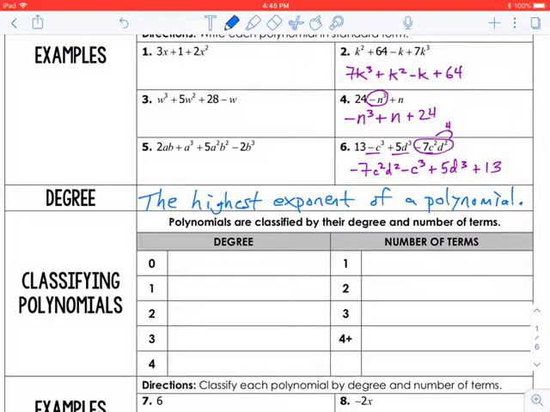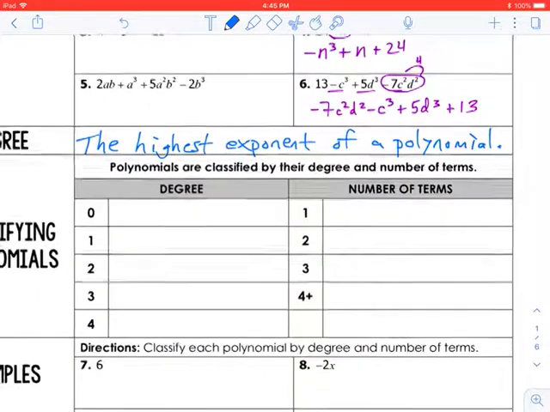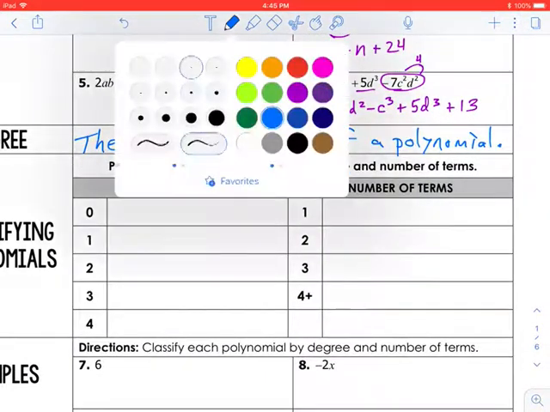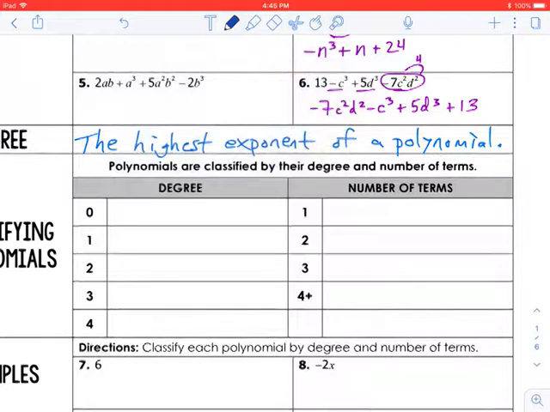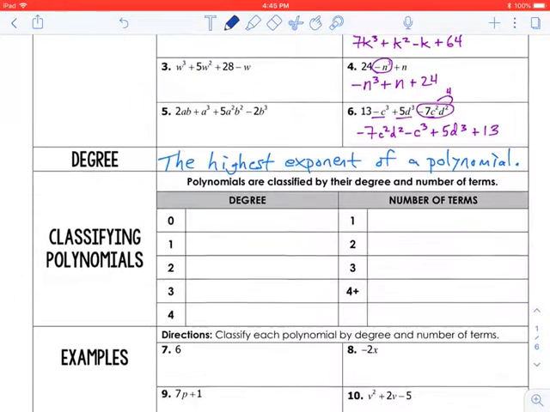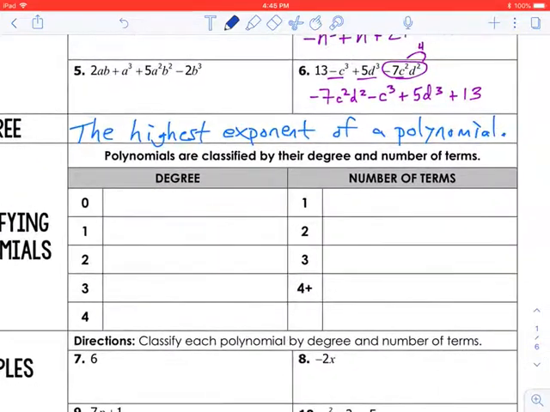So, for instance, a 0 degree polynomial would be... Hold on a second, I've got to get the degree.